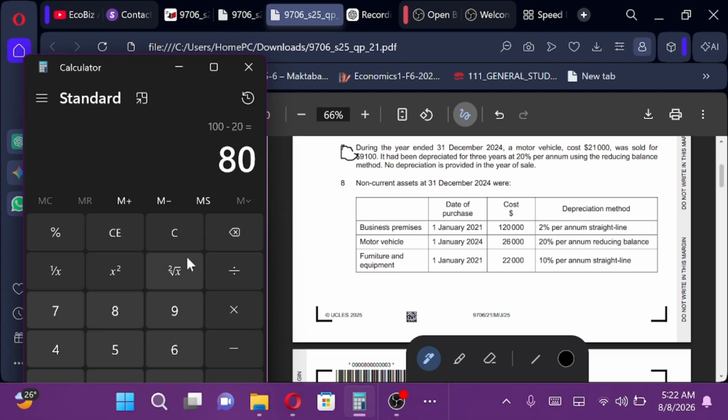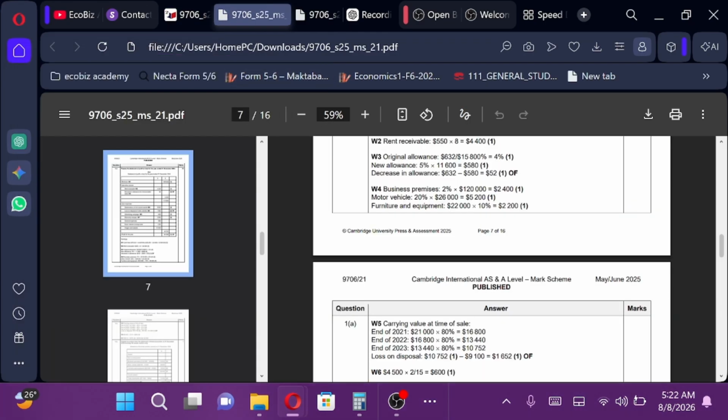So we take 21,000 times 80%. What do we get? We get 16,800. Now this 16,800 is the depreciation for the first month, no, for the first year, actually.